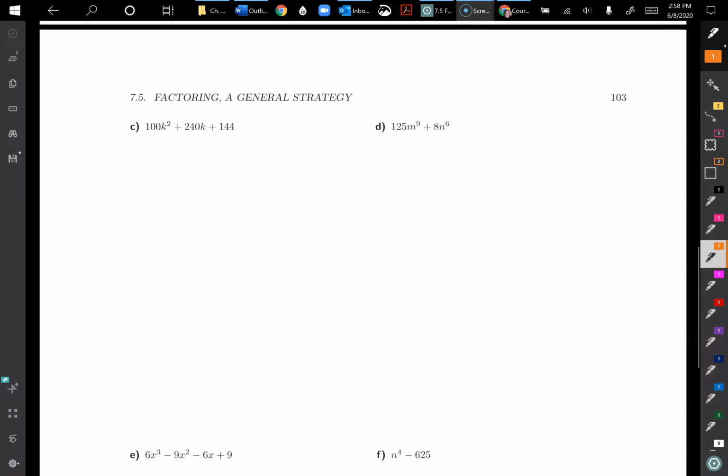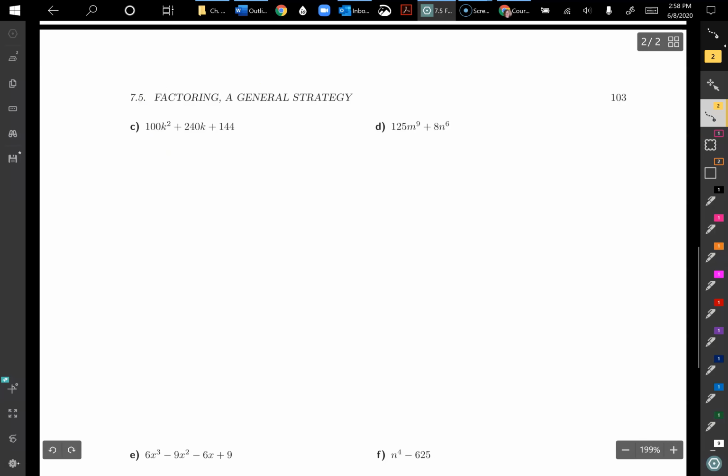Okay, now we're looking at part C, 100k squared plus 240k plus 144. This is page 103 of your workbook. We can see here that 100k squared is a perfect square, and 144 is a perfect square.